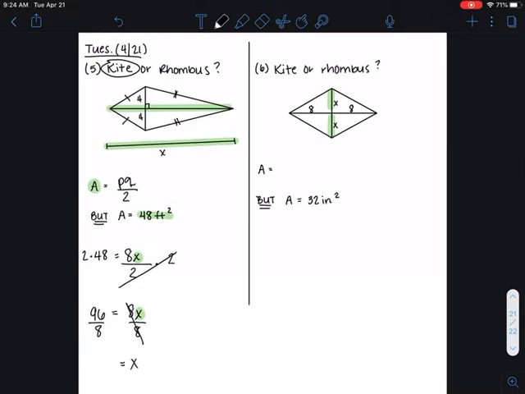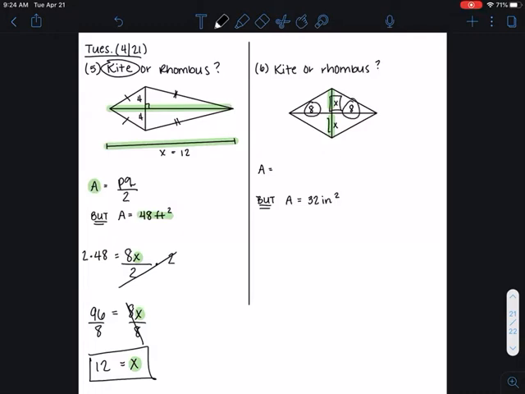Again, you're trying to solve for x, so now you divide both sides by 8. Those cancel, and x is equal to 96 divided by 8, which is 12. Alright, so there you have it. X is 12. So I'm going to put that there.